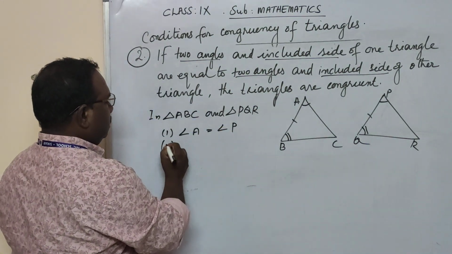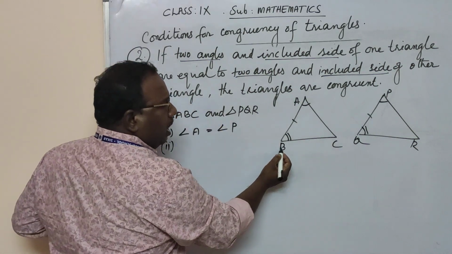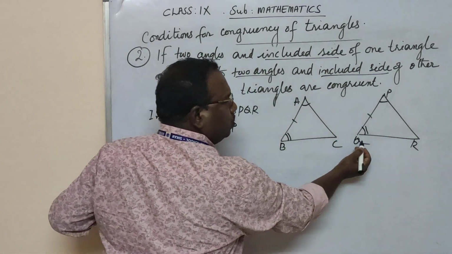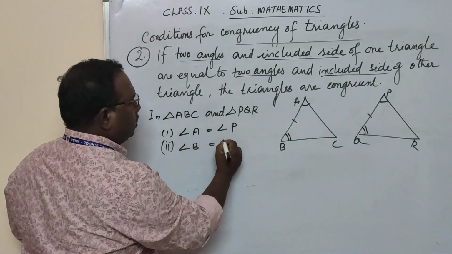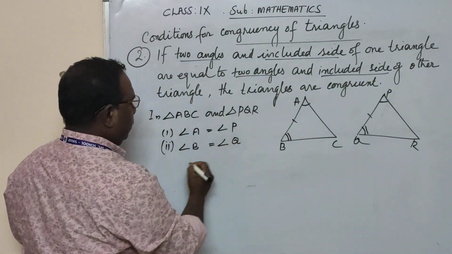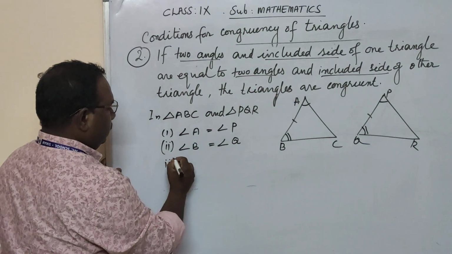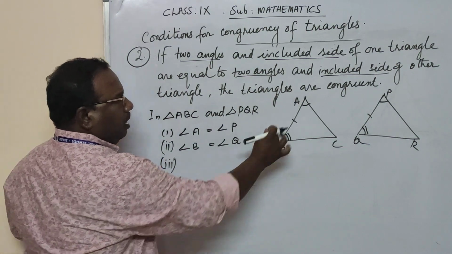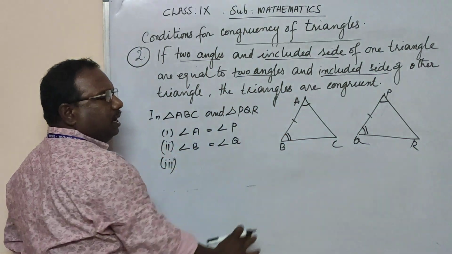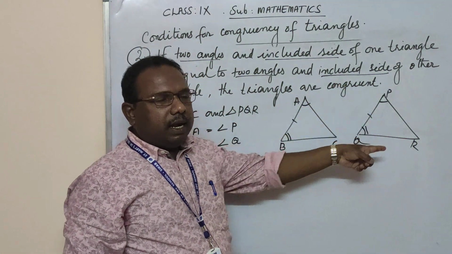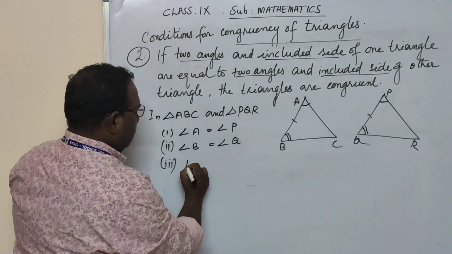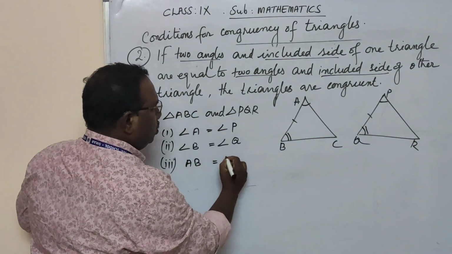Second, angle B corresponds to angle Q. Third, side AB of triangle ABC corresponds to side PQ of the second triangle. So let's write AB is equal to PQ.